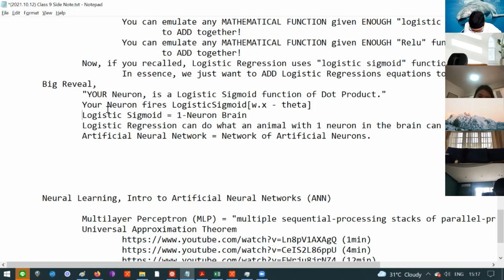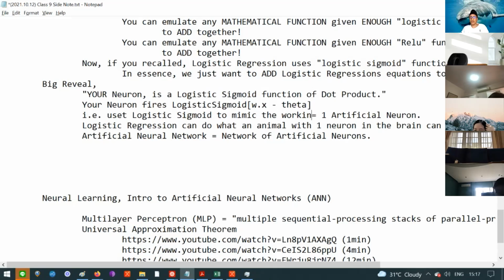A logistic one is equal to 1 artificial neuron, i.e., use logistic sigmoid to mimic the working of one artificial neuron.